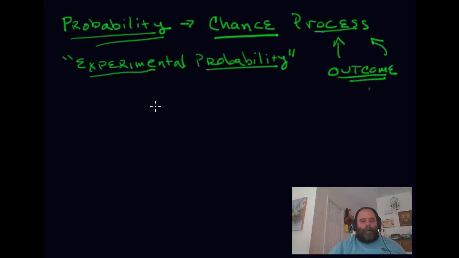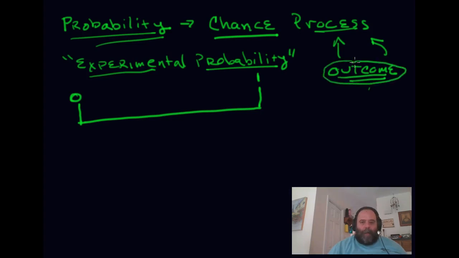So probability is a metric on a scale from 0, meaning it won't happen at all, to 1, meaning it always happens. Most outcomes of a chance process happen somewhere between 0 and 1.